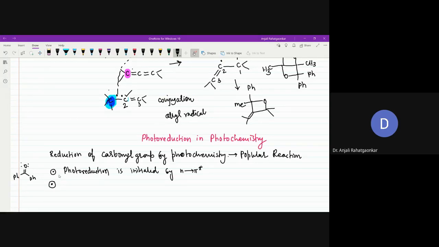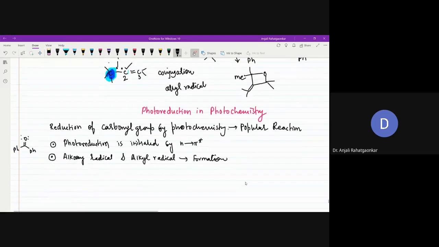Now once the n-pi transition takes place, what is going to happen? Again, the alkoxy radical and the alkyl radical will form. So the formation of the alkoxy radical and the alkyl radical takes place.